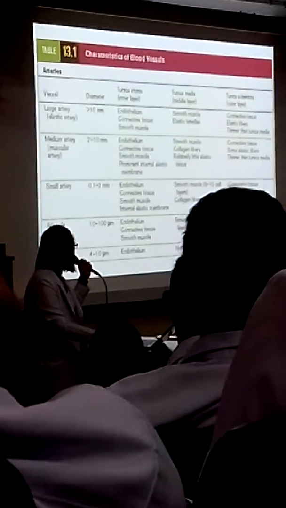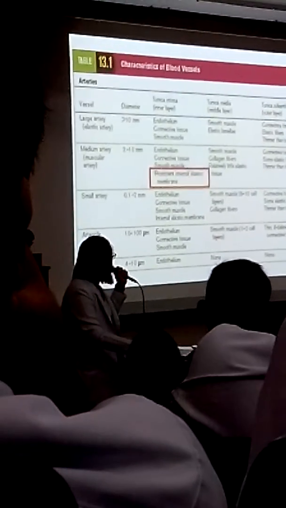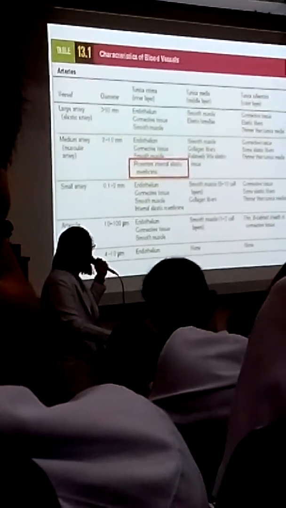So this can be found in your textbook. This is a very nice table to differentiate your large, middle, small arteries as well as your arterioles and capillaries. So as I've emphasized earlier, your middle or muscular artery has prominent internal elastic membrane.